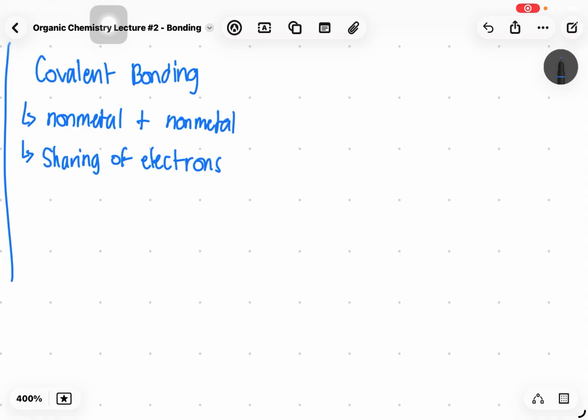Let's say we have CH4. So this is methane. This is one of the basic compounds that you'll encounter in organic chemistry. Let's draw it in Lewis dot structure.